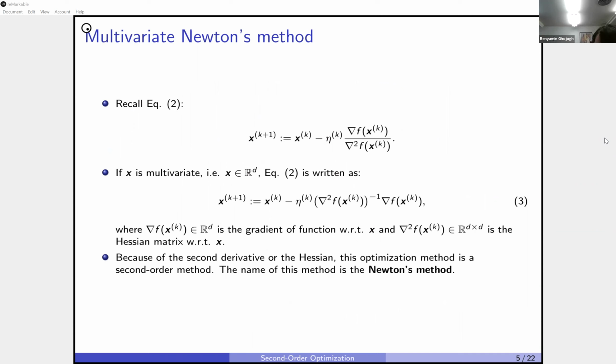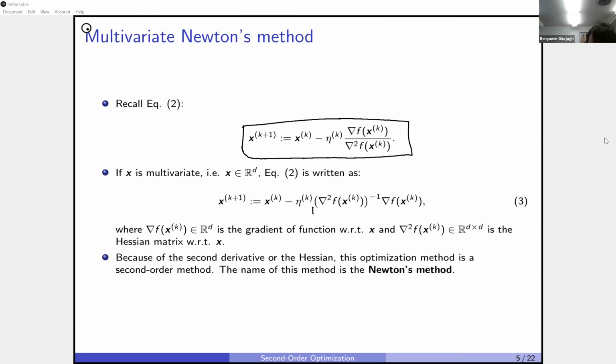Now here, when x is a scalar, we can have the second order derivative of f of x_k in the denominator. When x is not a scalar but a vector, the gradient of f will be a vector. Therefore, the Hessian of f will be a matrix, as we discussed in the preliminaries. Then we can't write the matrix in the denominator.